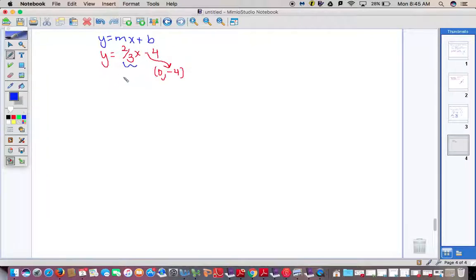And 2/3 is our slope, so m is equal to 2/3. That means we can either go up 2 and to the right 3, or you could go down 2 and to the left 3.